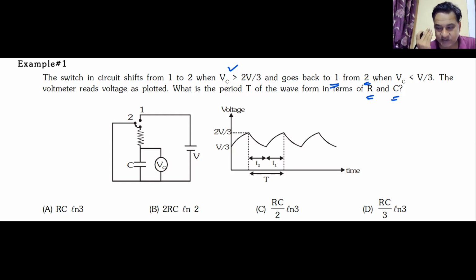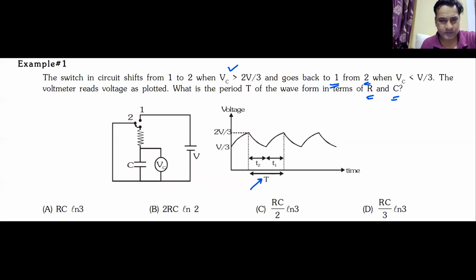When the capacitor starts to discharge, the voltage will reduce. When the voltage becomes less than V by 3, it is again switched back from 2 to 1 to charge again. Then they have plotted the voltage across the capacitor, and you have to find the time period of the wave. This T you have to calculate. Got the question now? Yes, sir.